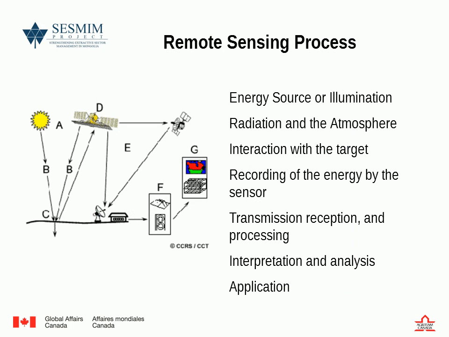We'll break down the remote sensing process into a number of components. Okay? There are basically 7 components. So the first thing, of course, is the energy source, the illumination, which is the sun. So you have radiation from the sun. It comes through the atmosphere and it hits the ground or hits an object.